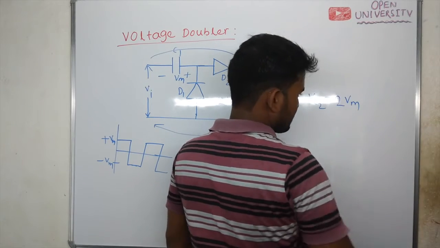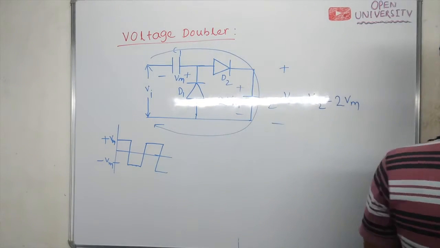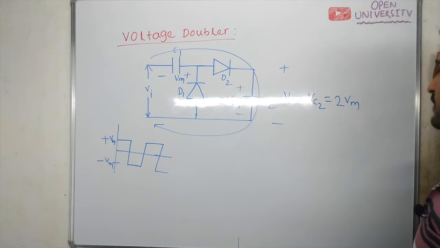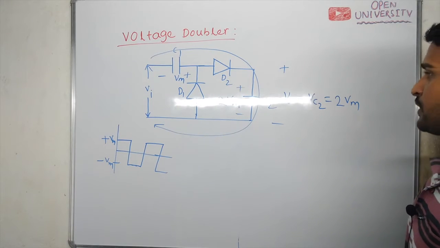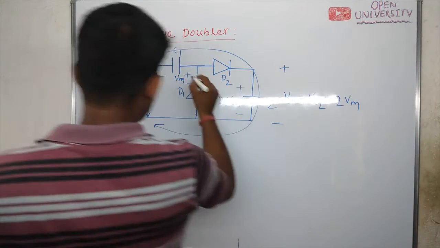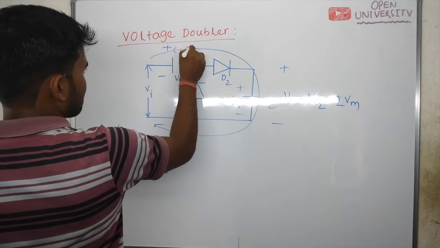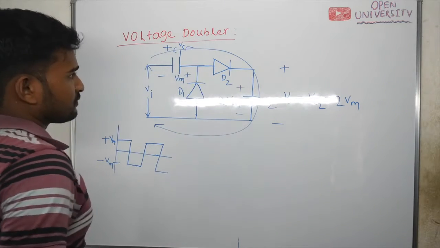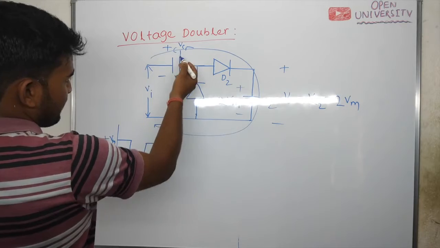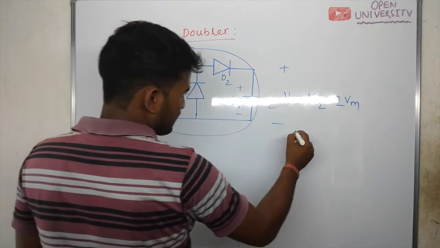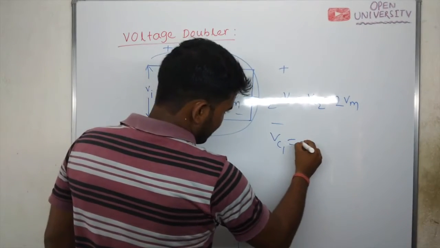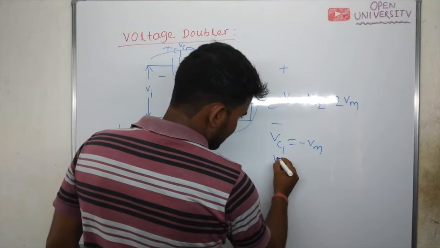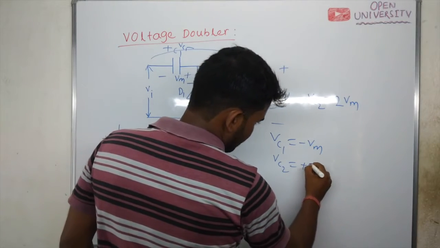And output voltage is 2 times the maximum value of input voltage. So it is called as a voltage doubler. And what is Vc1? If this is Vc1, then Vc1 is minus Vm and Vc2 will be plus 2 Vm.